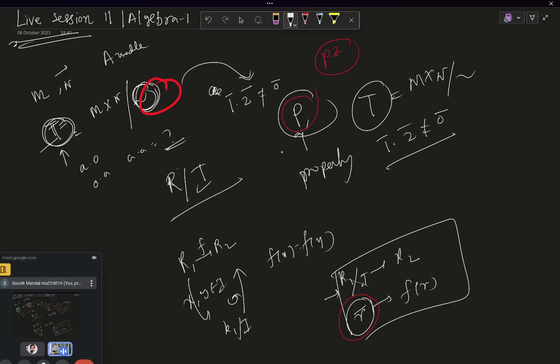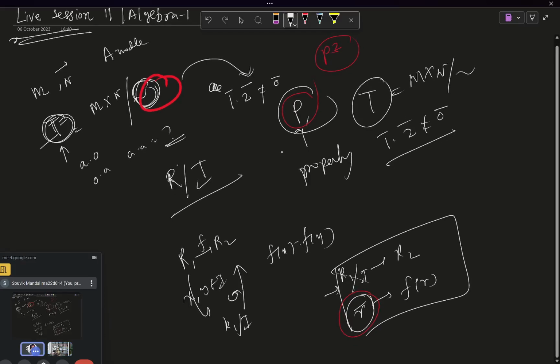Now I'm going to write a proposition, and most obviously you will wonder why this proposition is coming suddenly, but keep patience. I'm not initially going to write the proof of the proposition.